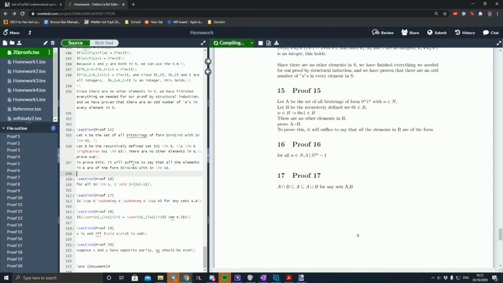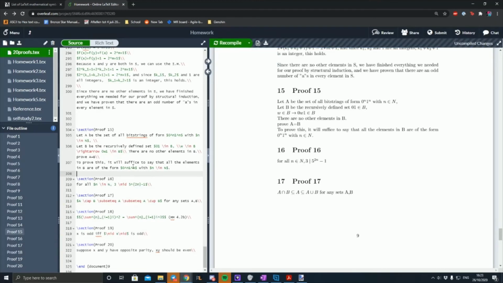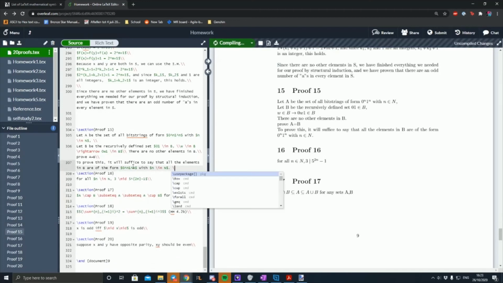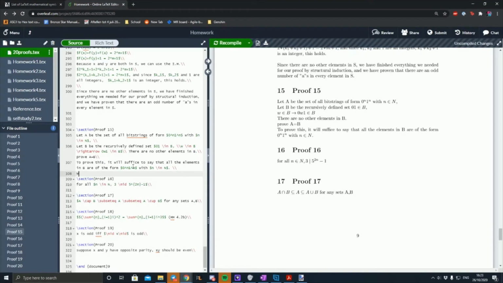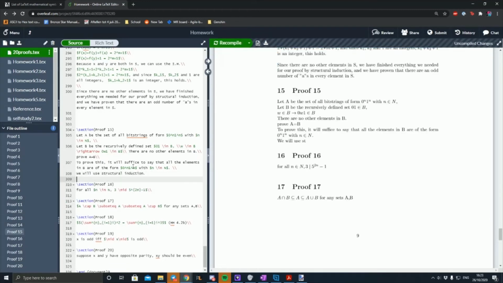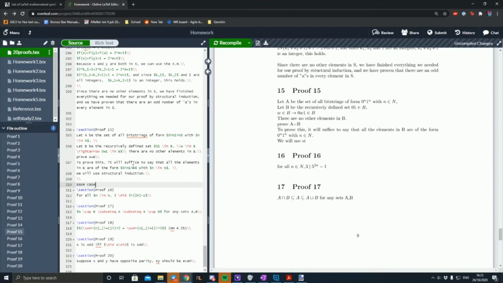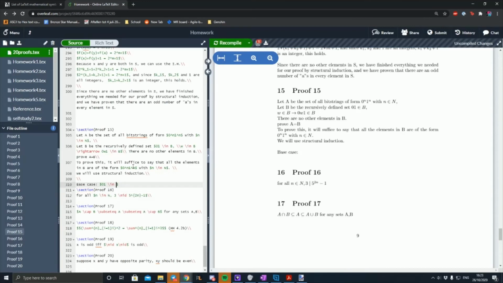So what we're trying to prove is that every element of B is in that form. So we have the base case. We will use structural induction. Base case: 01 in B.